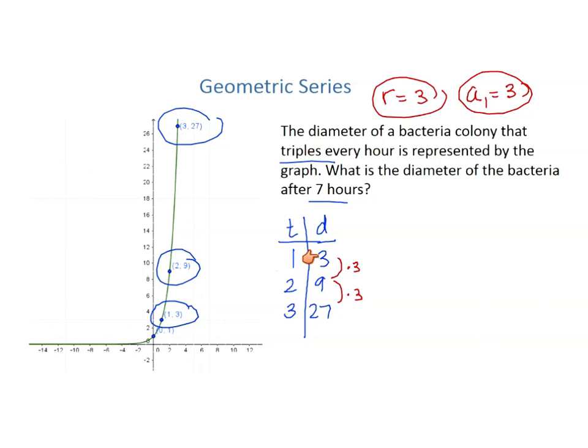Because after that first hour, the diameter is 3, so that means that our first term is 3. And then the number that we're looking for is after 7 hours, so n is 7. I have the first term, the common ratio, and the n, so I'm going to use that first formula because I don't have the last term. And that formula looks like this.